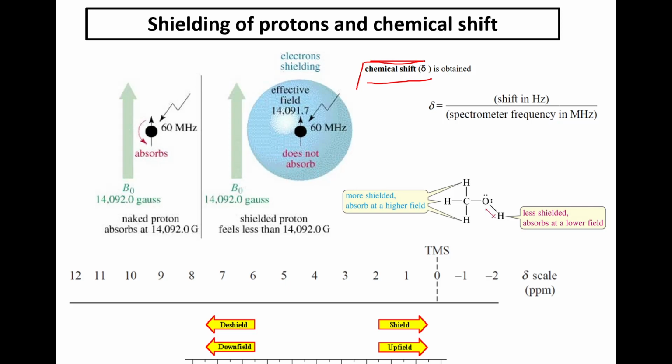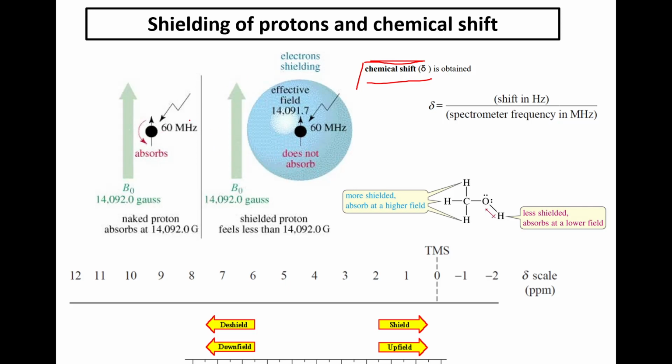But if the nuclei are in the vicinity of other atoms, for example the electrons surrounding the nuclei, they are moving and also forming an electric field, so they can actually shield your nuclei. Or there can be other solvent molecules which change the effective field of your nuclei.